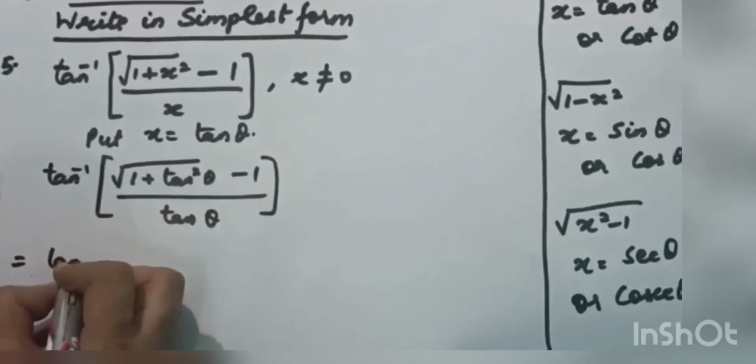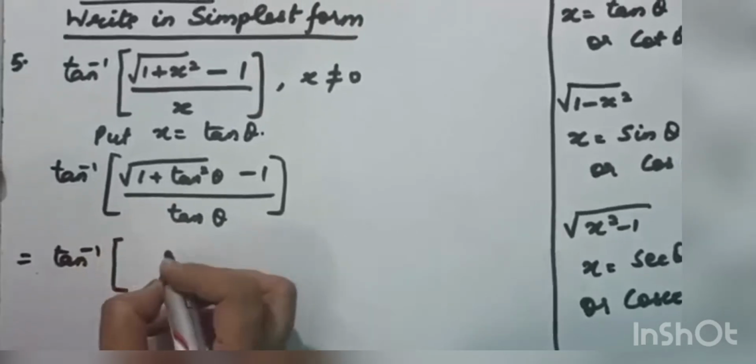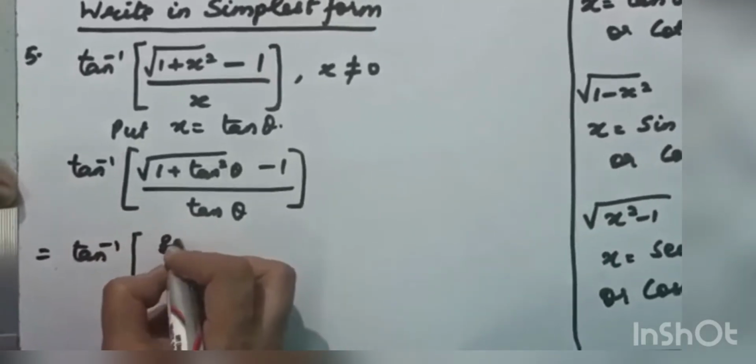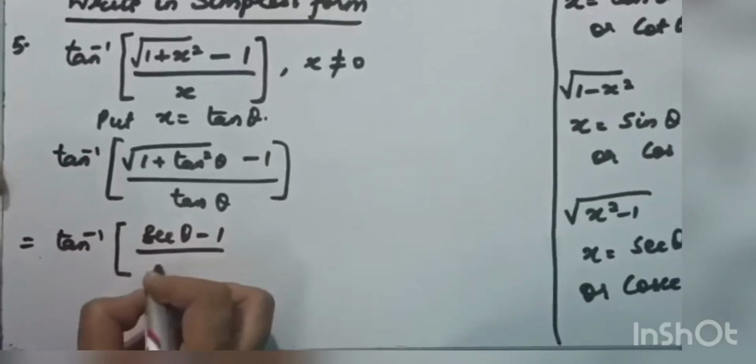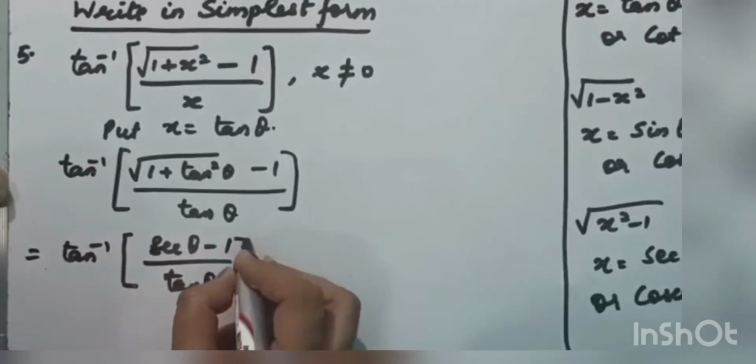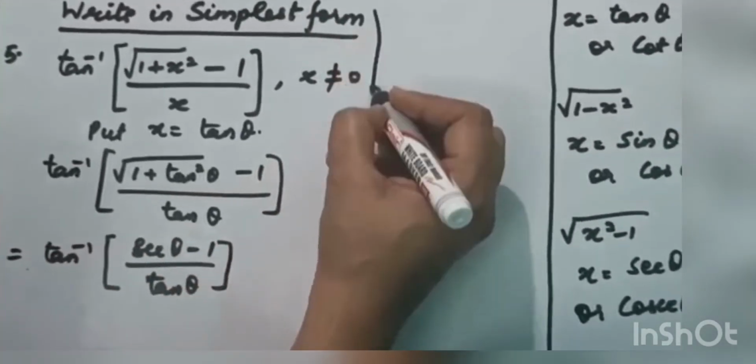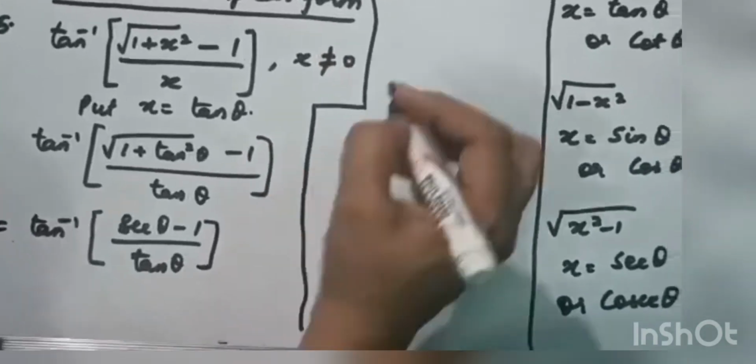This will become tan inverse. Now root 1 plus tan square theta is equal to secant theta minus 1 upon tan theta. Now change this to sin cos.